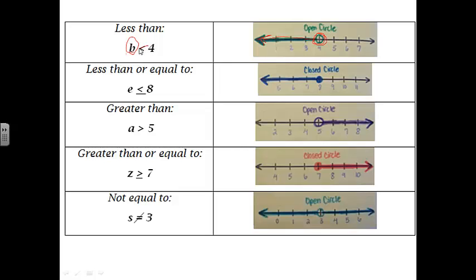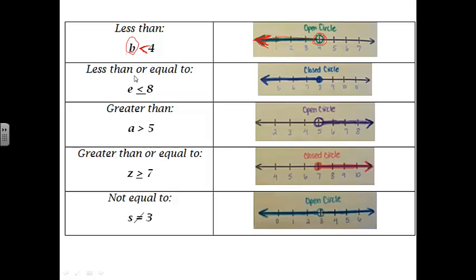Notice how this symbol, as I highlight it, looks like the arrow is going this way, correct? That's a little hint that could help you. The arrow is going to the left and looks exactly like the symbol.